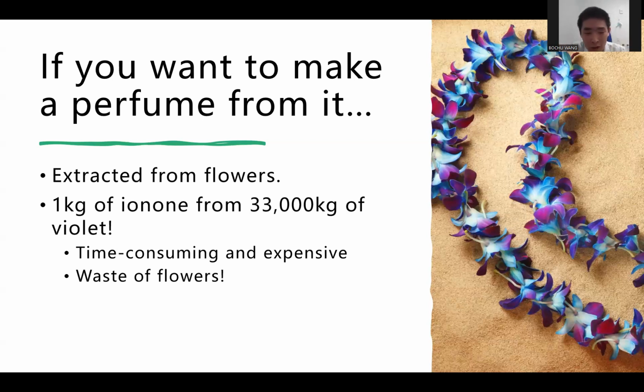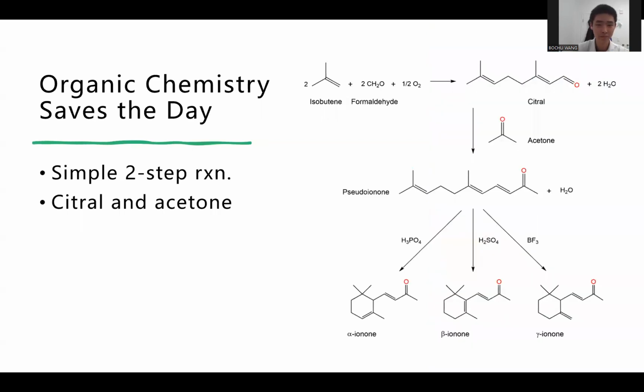So this is when organic chemists come into play. In 1893, two chemists called Tiemann and Krüger came up with these beautiful reactions. Only 2 steps, but simple and easy to run.